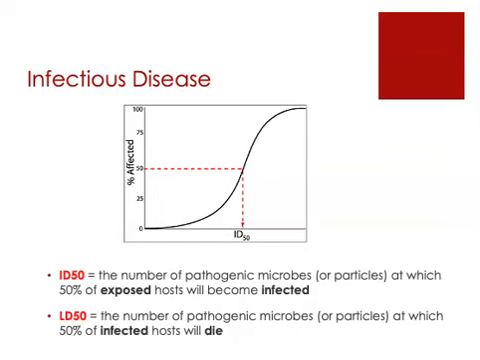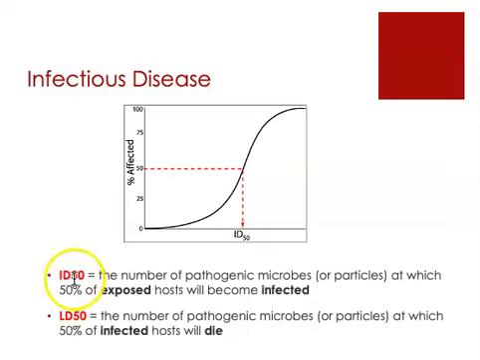The LD50 is different. The LD50 describes the number of cells or particles at which 50% of infected hosts will go on to die from the infection. So ID is infectious dose, LD is lethal dose. And in both cases, we're looking at a population of host organisms.